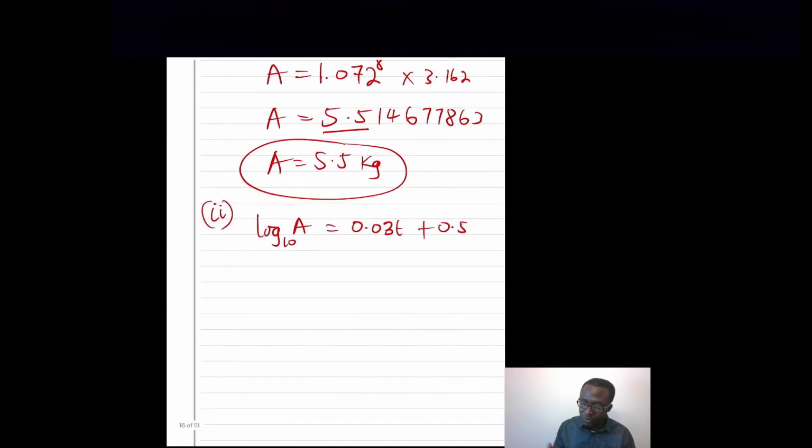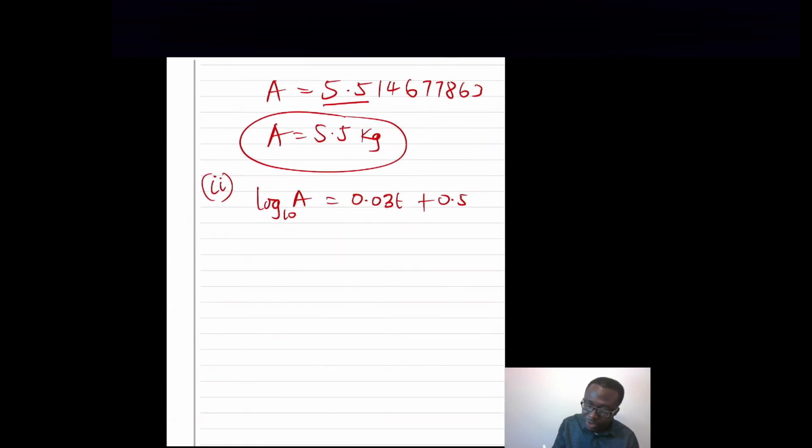So we put 4 where A is and work out what t is. So we have log 4 base 10 equals 0.03t plus 0.5. We'll minus 0.5 from both sides, so log 4 base 10 minus 0.5 equals 0.03t.